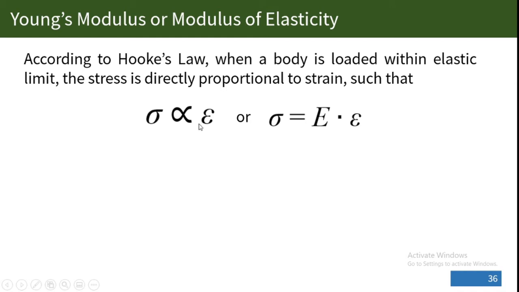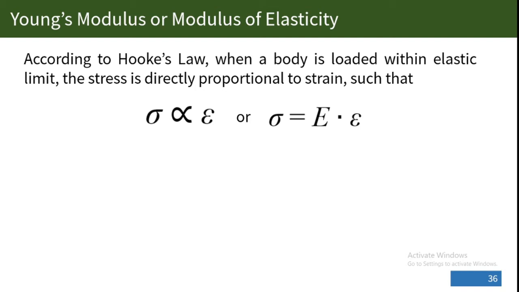Okay, so let's put this into an equation form. We have sigma, or stress, equal to some constant of proportionality times epsilon, or the strain.